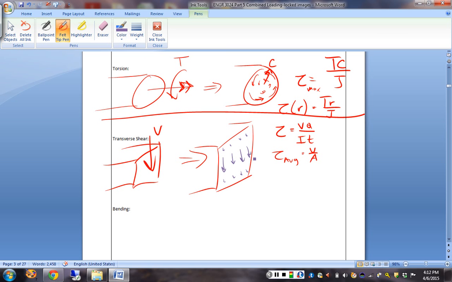And how does it vary with Y? It's quadratic. So this stress distribution in Y, the max is at the neutral axis. So quadratic in Y.